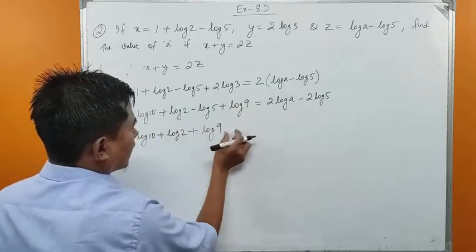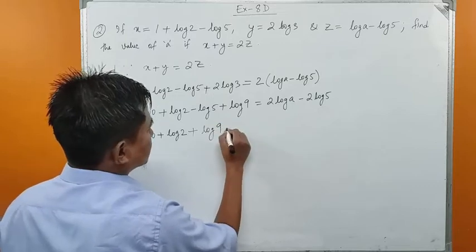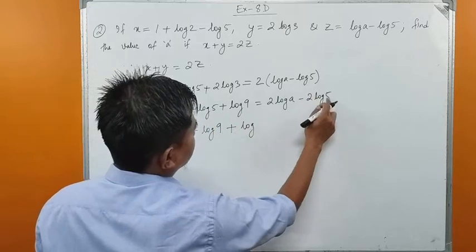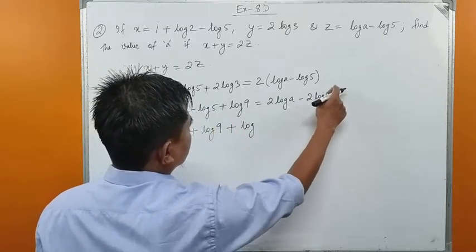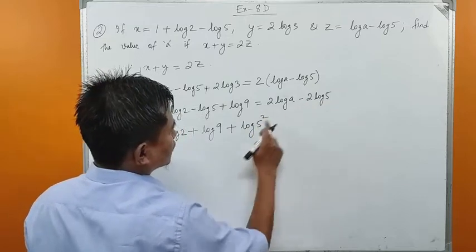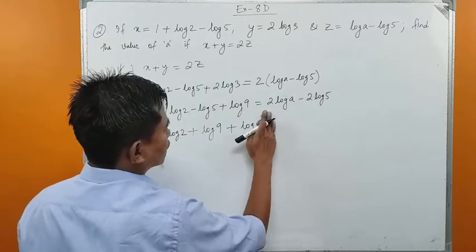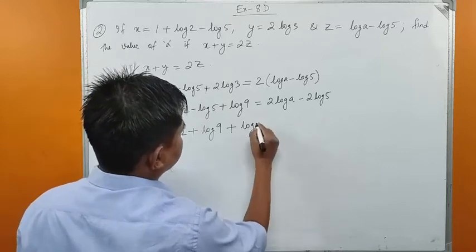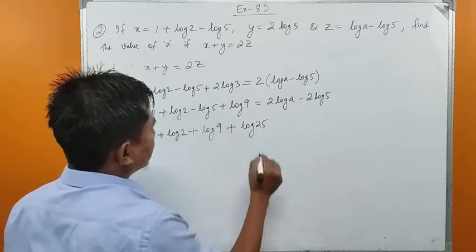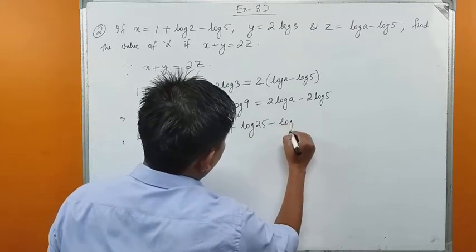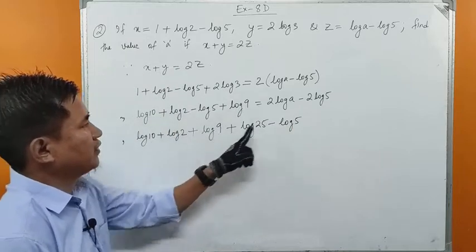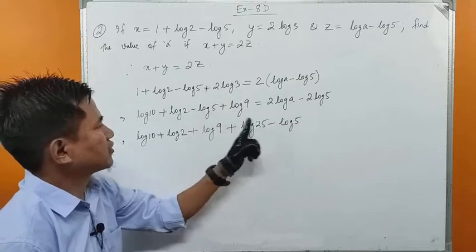This minus 2 log 5 comes to the left hand side and becomes positive. 2 log 5 means log 5 squared, and 5 squared is 25, so you can write log 25 straight away. Now we should not forget this minus log 5. So log 10, log 2, log 9, log 25, and this minus log 5.